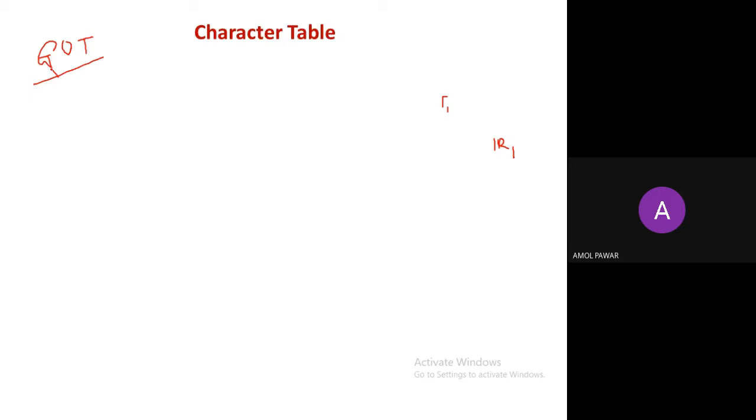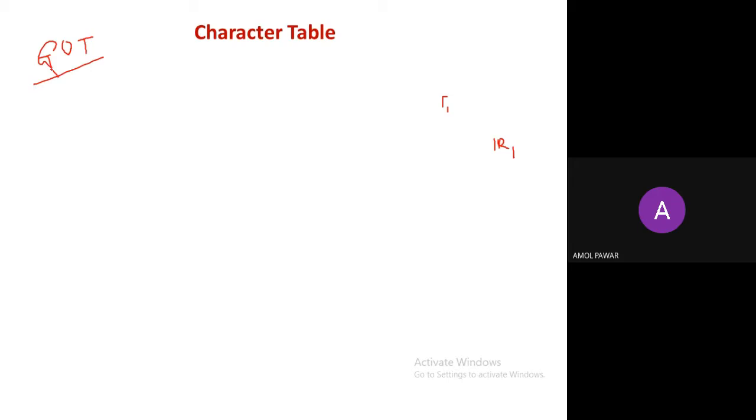Character table or GOT is a part of irreducible representation. Character table is nothing but the horoscope of the characters of a point group. Now, what are the postulates to write the character table of any group, or what is meant by character table?